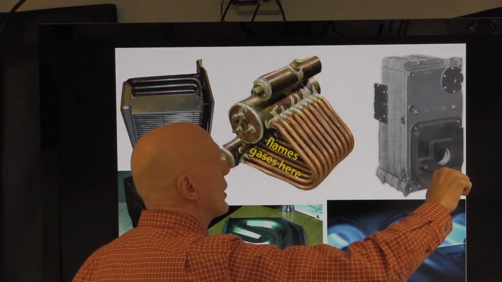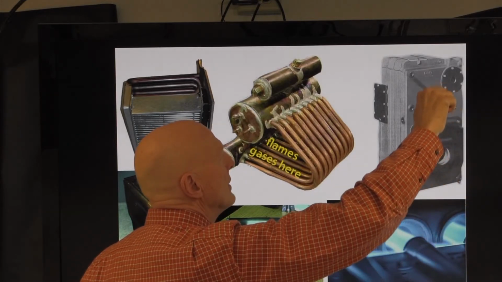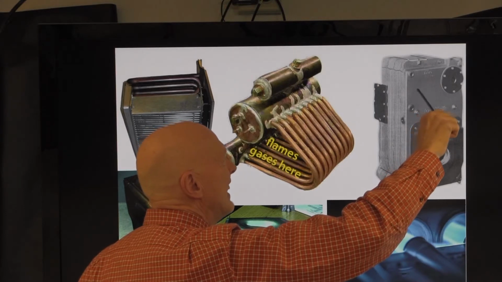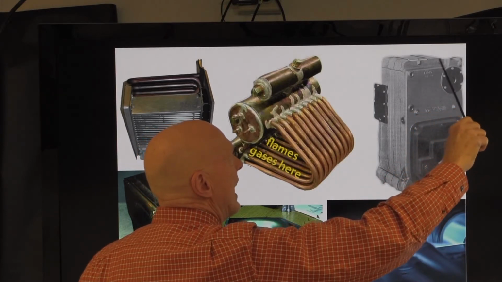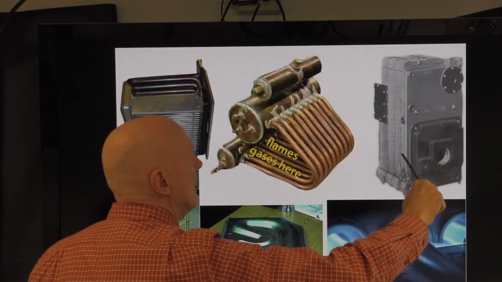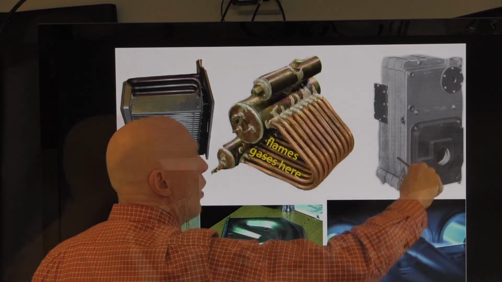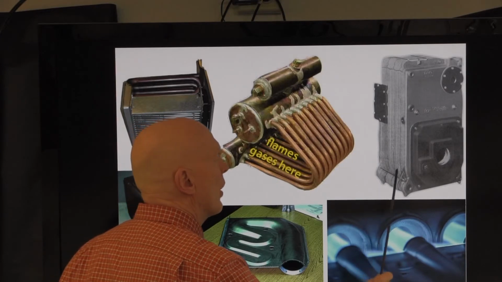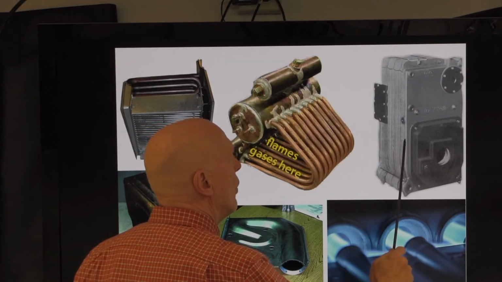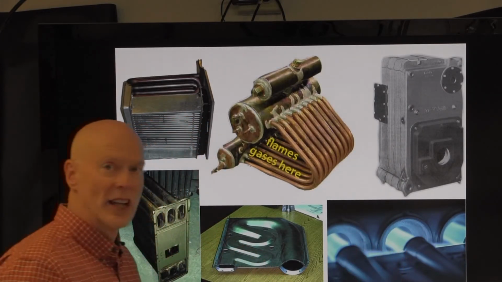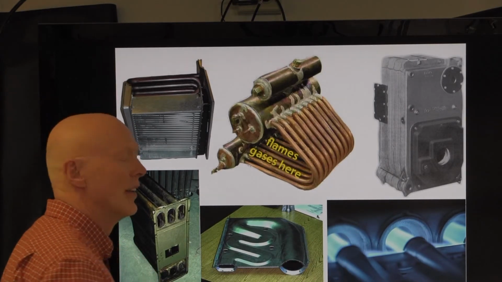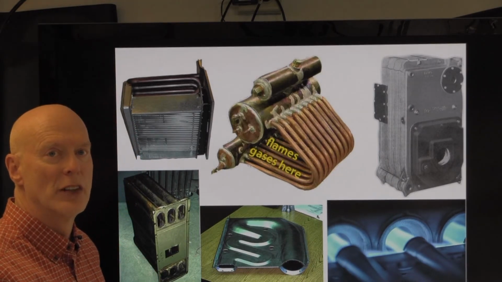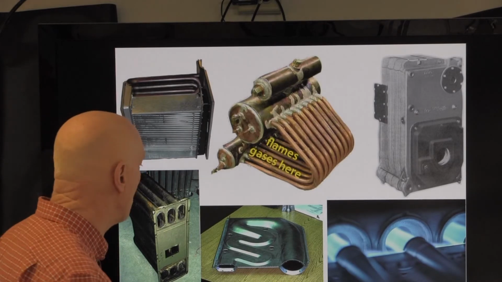The products of combustion move up through the spaces between these sections, and they exit out here. What we're doing is heating boxes full of water, and this is how a cast iron sectional boiler works. These are 1, 2, 3, 4 cast iron sections that are bolted together to form the heat exchanger for a cast iron sectional boiler.